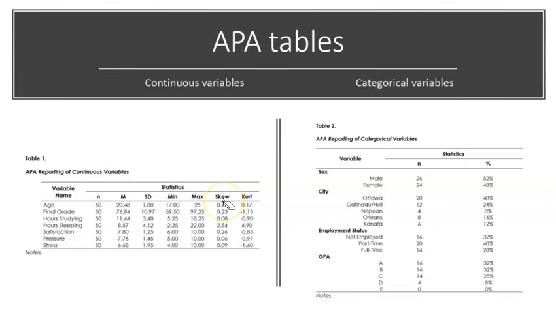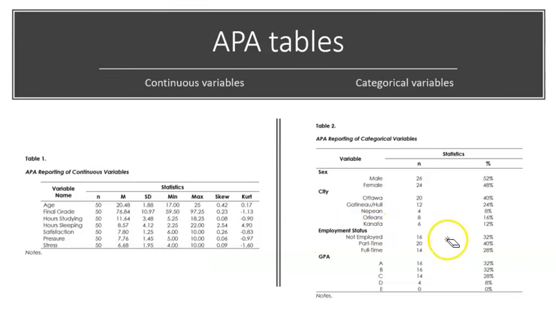Skewness is regarding normality, whether your data is normally distributed or not. Skewness is about how much the data are skewed from the normal bell curve, and kurtosis is whether the bell curve is too high or too flat. Those things are very much related to outliers. So it's very important information you provide in your table of the continuous variables.